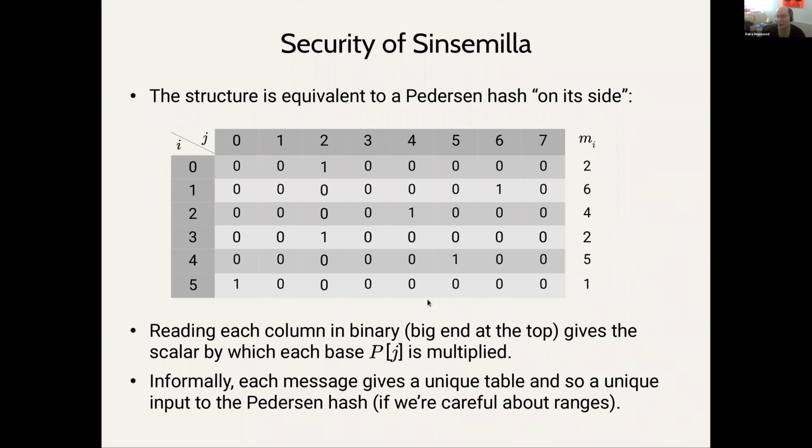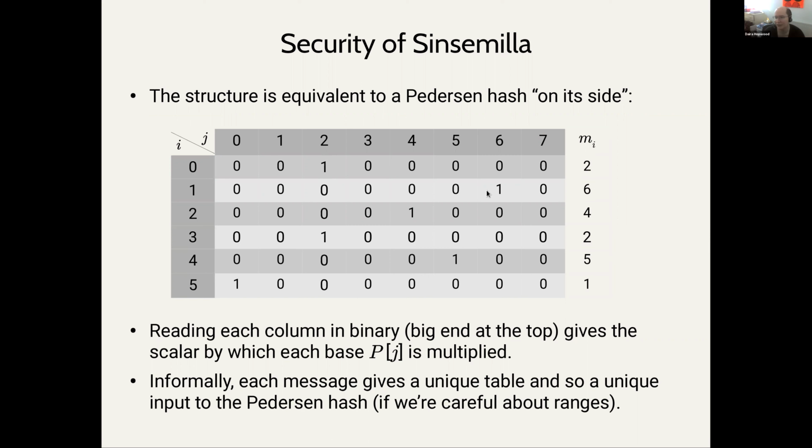And the reason we know this is secure is that we can consider it to be equivalent to a Pedersen hash turned on its side. So if these are the message chunks m_i, we're processing 3 bits of the message at once here. So we have 7 bases in our table. For this first message chunk, it has value 2, so we choose base 2.